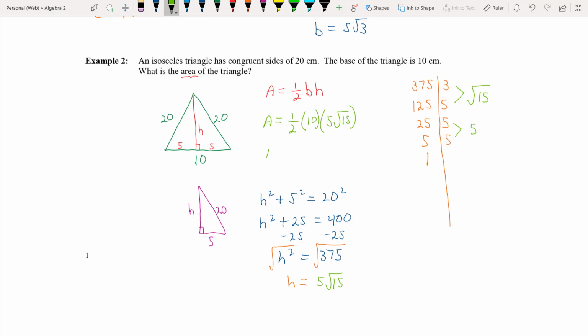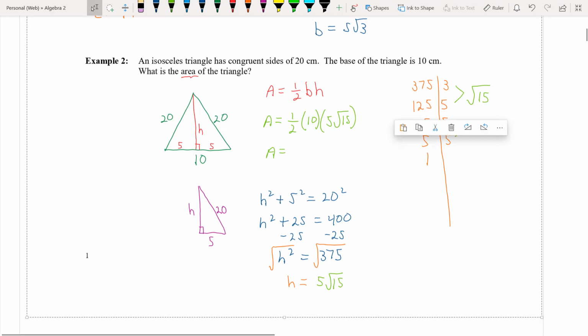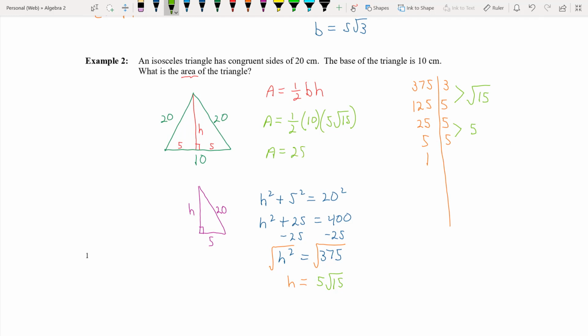So if you multiply all this together, you get area equals half of 10 is 5, and 5 times 5 root 15 is going to be 25 square root 15. And since this is area, this would be some sort of units squared. Oh, they talked about centimeters at the top here. So this would be centimeters squared.